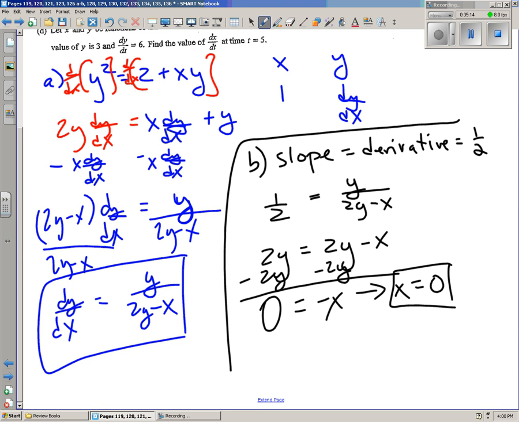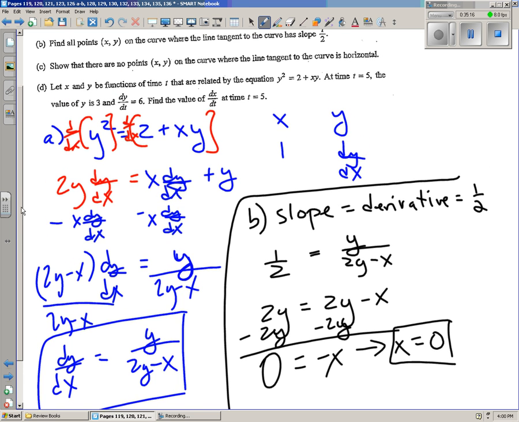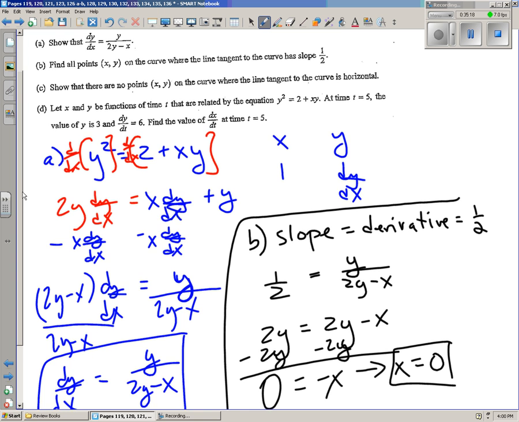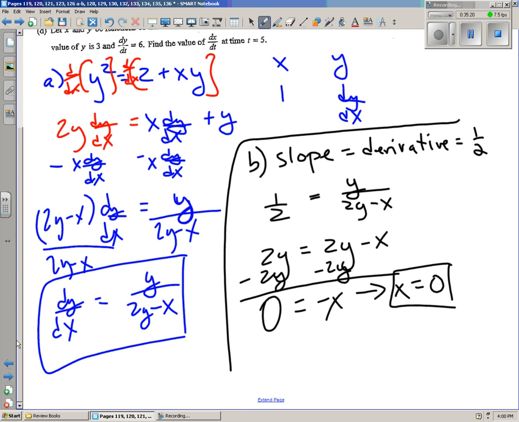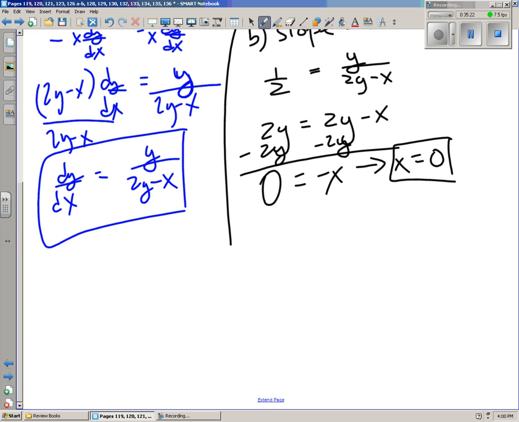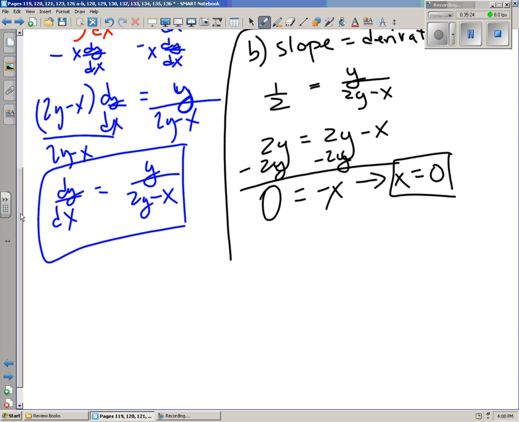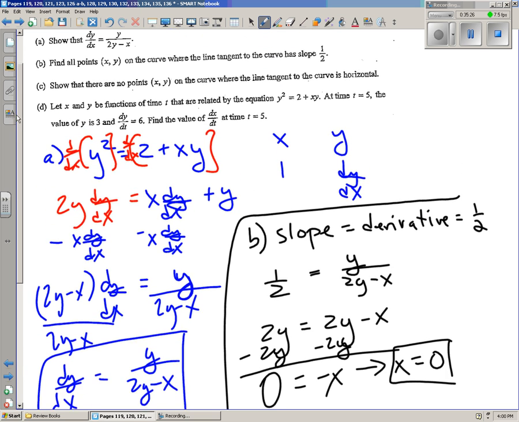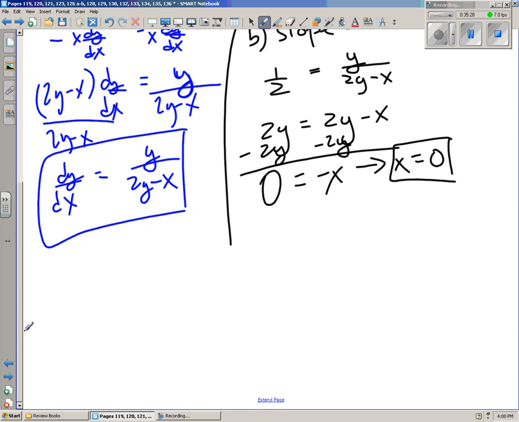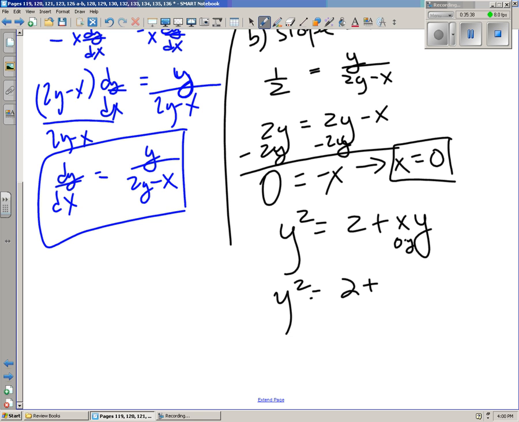That's exciting. So if x is 0, they want us to find the points. They want us to find the y value. So if x is 0, we're going to go back to the original equation and try to find y. The original equation was y squared equals 2 plus xy. Well, y squared equals 2 plus 0 times y, which is just 0.